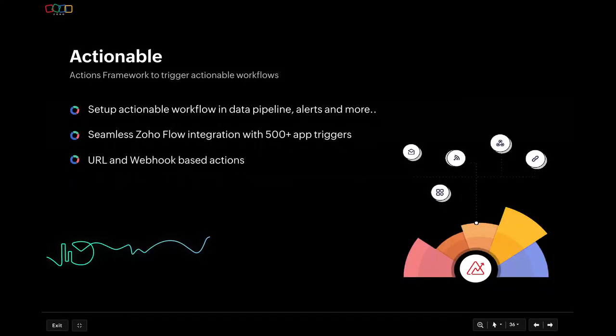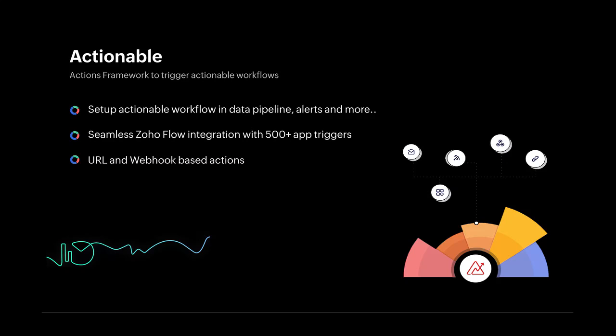Another exciting feature is the actions framework. We are enhancing our platform's capability to set up actionable workflows directly within the BA platform. These actions can be triggered from various endpoints, whether from data preparation in the data preparation studio or from alerts you have set up. We plan to expand these endpoints further in the future.